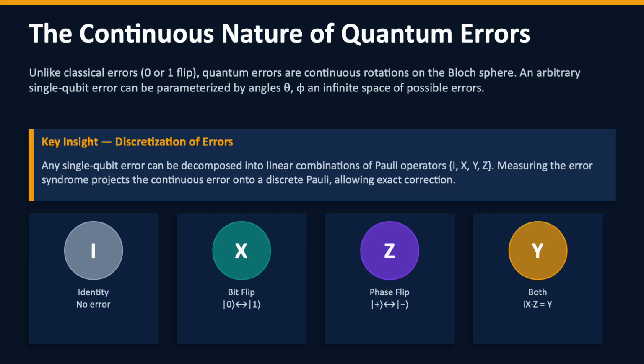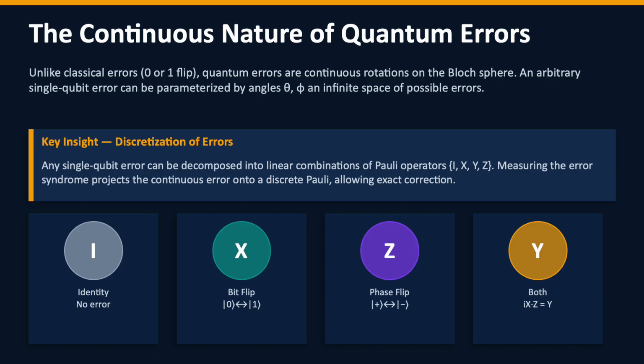The answer to this puzzle is one of the most elegant ideas in all of quantum information science, and it is what makes quantum error correction theoretically possible at all. It turns out that any quantum error, no matter how arbitrary and continuous it might be, can be mathematically decomposed into a combination of just four basic types of operation: doing nothing, flipping the qubit, flipping its phase, or doing both simultaneously.